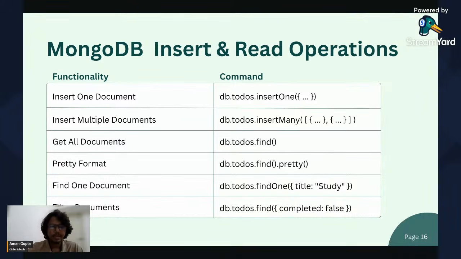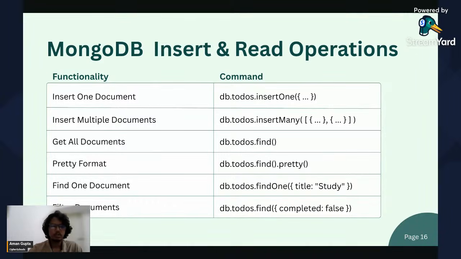Any system that you build in your backend, or any operation that you do in your database, will be performing one of these operations: create, read, update, or delete. Either you're adding new data to your database, reading data from the database, updating the data in the database, or deleting it.